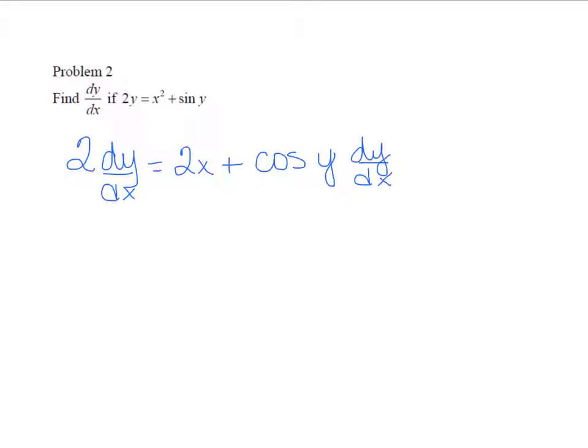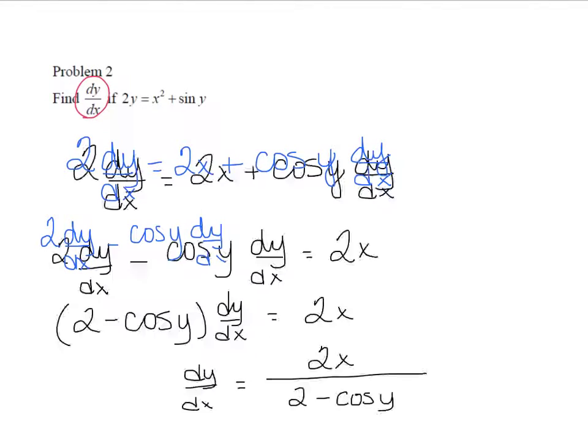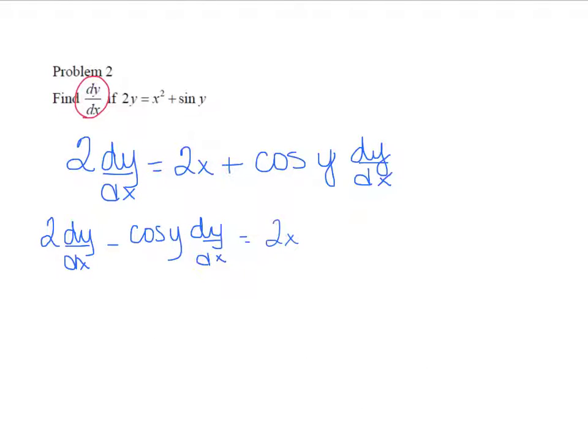Now, how are we going to solve for dy dx? That's our goal. We want to get dy dx equals. So the first thing we're going to do is bring all of our dy dx terms over to the left. So we have 2 dy dx minus cosine of y dy dx equals 2x. Now we use our algebra skills and factor out dy dx. So we're going to have 2 minus the cosine of y times dy dx equals 2x.